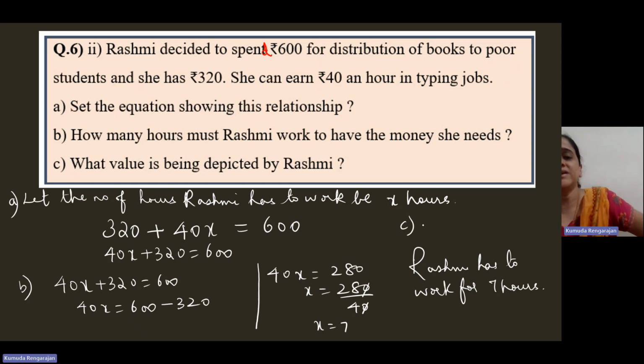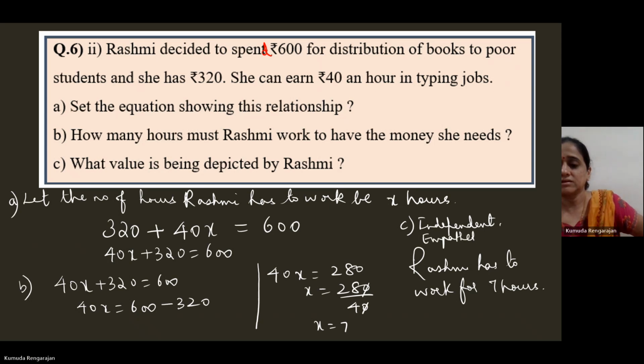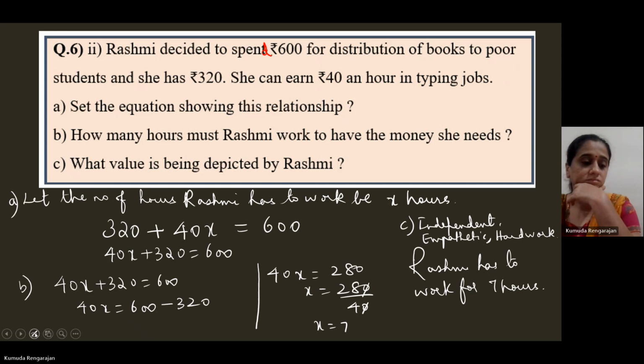And you can say, like what Ovia said, independent, empathetic. Depicted means shown.